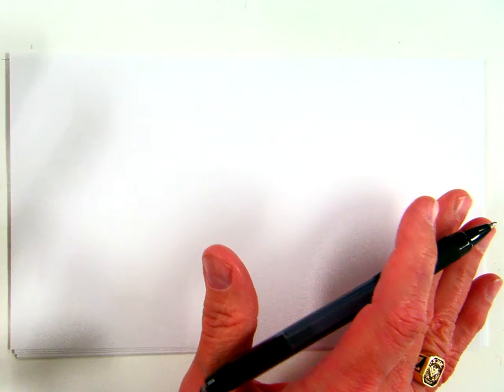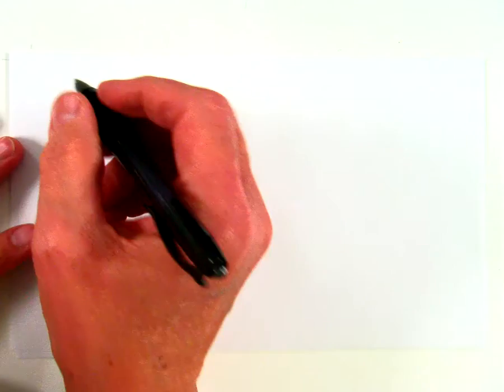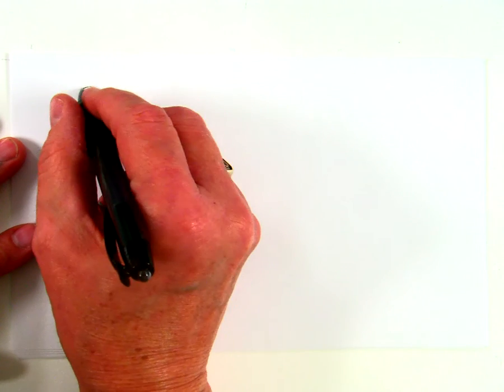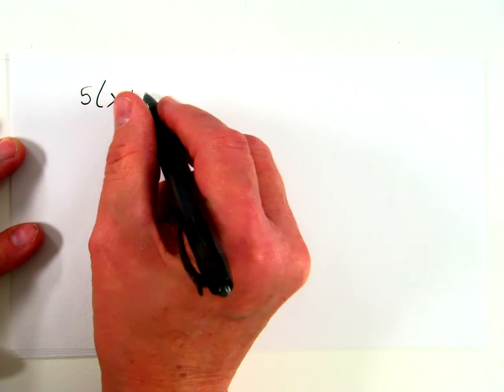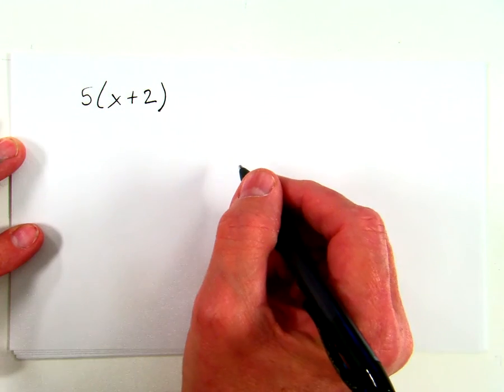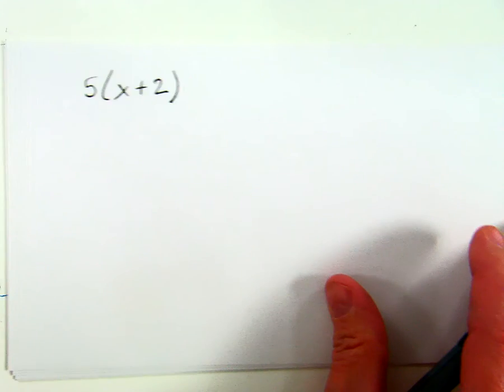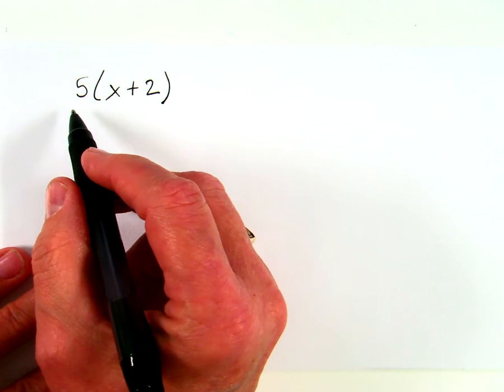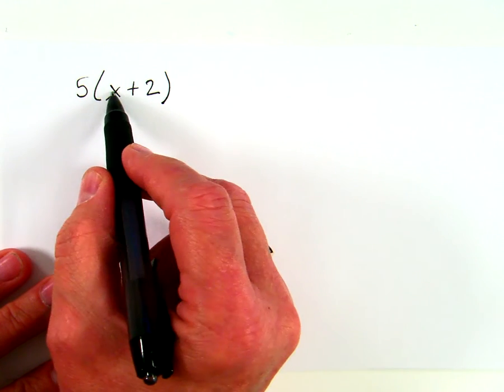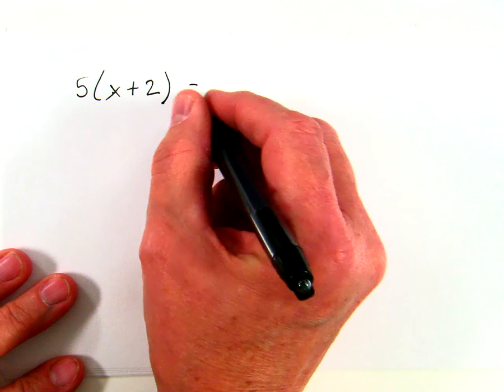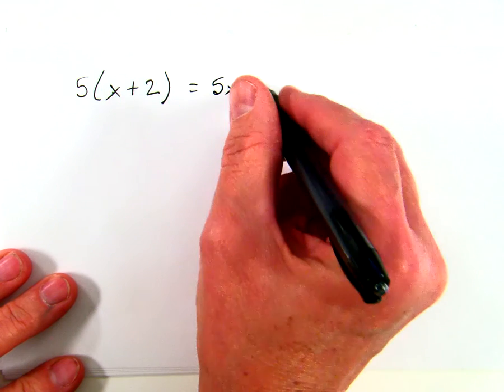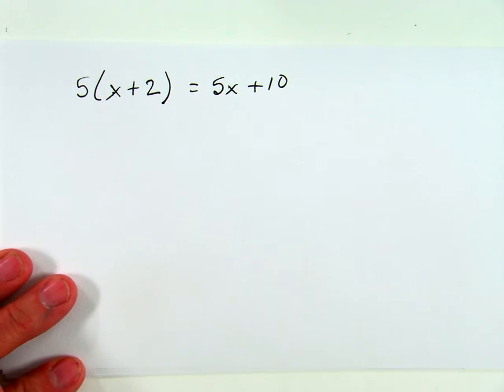It's going to be like distributing all over the place. So let's just start back with what we know about distributing. If you say 5 times (x plus 2), a reminder, everything in the parentheses needs to be multiplied by 5. 5 times x plus 5 times 2. 5x plus 10.